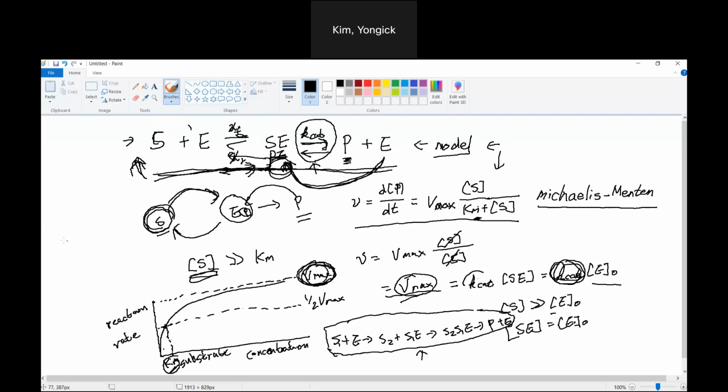So sometimes before, we used the double reciprocal plot, 1/reaction rate versus 1/substrate concentration. So you can make this graph look linear here. So it is much easier to get the linear regression graph.